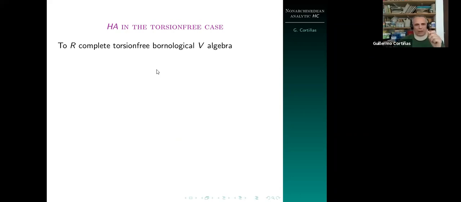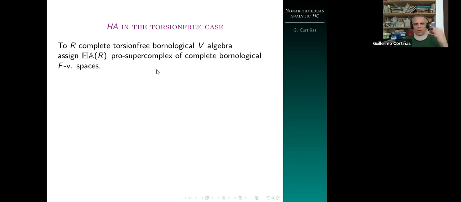To a complete torsion-free chronological algebra over V, we assign a pro-complex, HA of R, a pro-supercomplex of complete chronological vector spaces over the field F, which is the quotient field of our DVR V. Yeah, so this is obtained as I mentioned before.